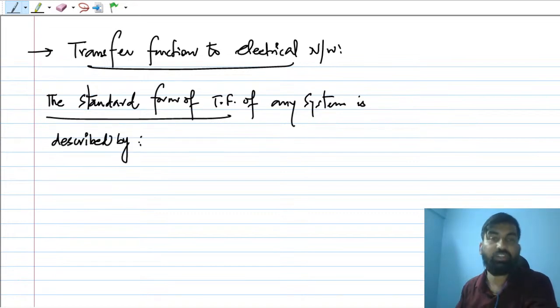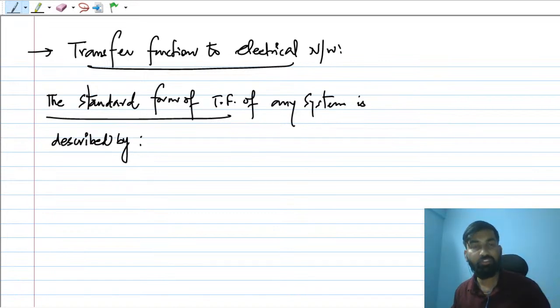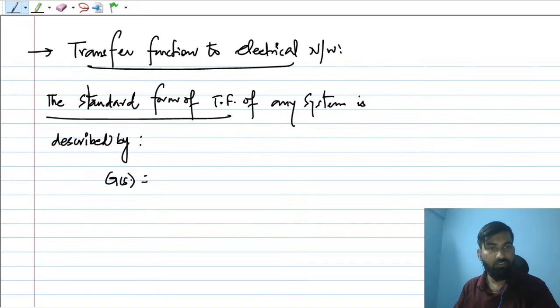Please keep in mind the numerator and the denominator will be in the form of time constants. You see here, your G of s, that is the open loop transfer function.